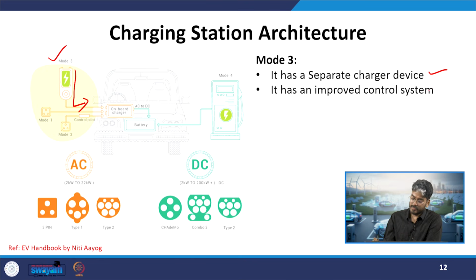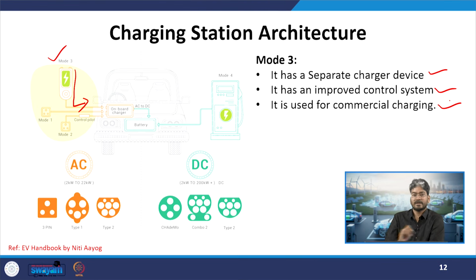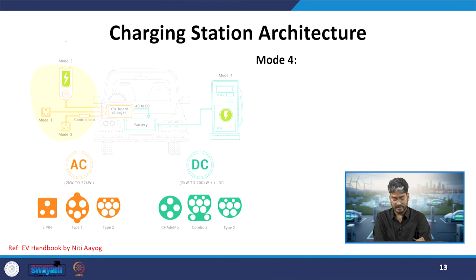It has an improved control system because a dedicated charger is there. Whichever protection and controls I want, I can just use inside the charger. It is used for commercial charging, where we will have 3-phase supply. So, it can be your domestic or commercial mode of charging.